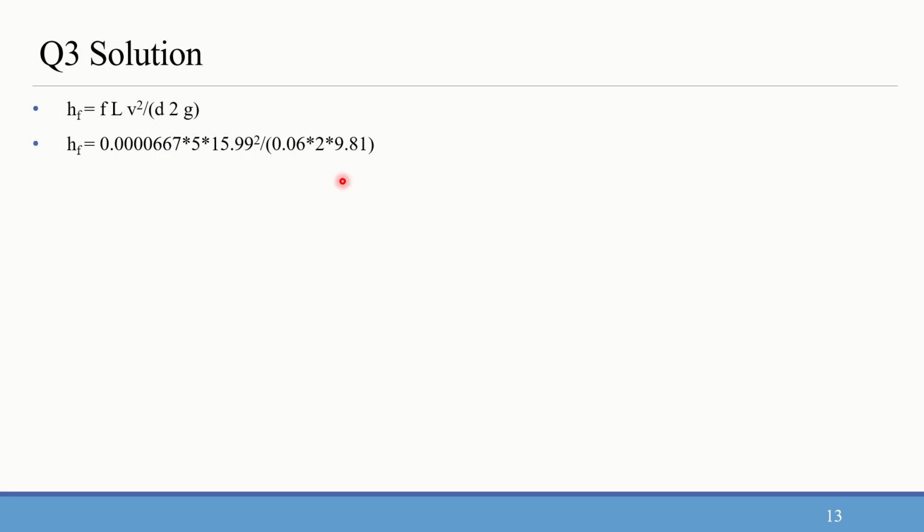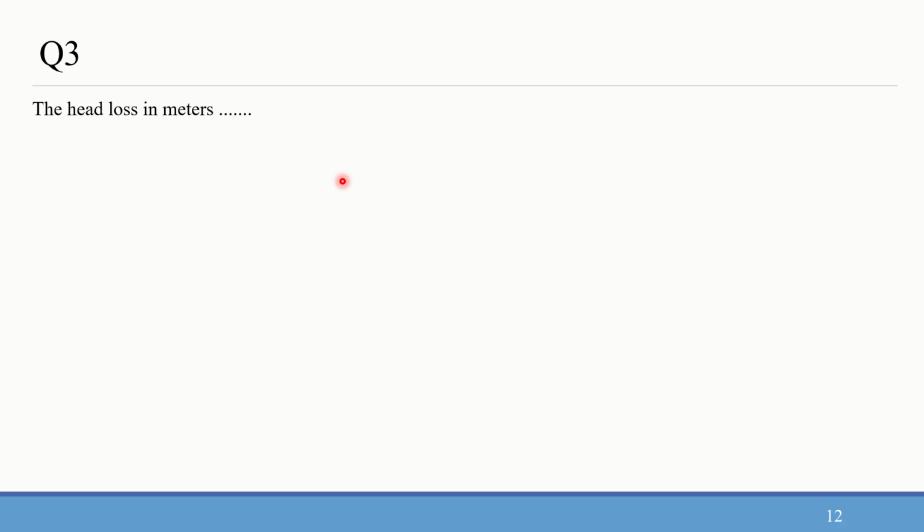So what are we getting on substitution? 6.67 into 10 power minus 5 into 5 into 15.99 square divided by 0.06 divided by 2 divided by 9.81. So it is 0.0724 meters. So that is the friction head loss in meters.